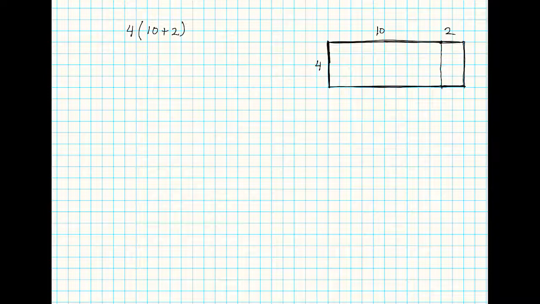So as an example, we have 4 times the quantity 10 plus 2. The order of operations says that 10 plus 2 gets done first. That is 12. And so this is 4 times 12, which is 48. Okay?